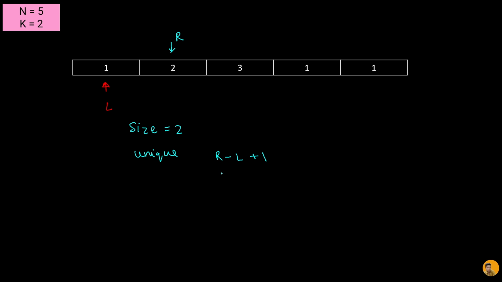Right is at index 1, left is at 0, plus 1. So we can have two subarrays, and we can clearly see that also. One is this complete one and the other one is this. So we have two subarrays ending at the position where r is pointing. This is quite a simple scenario.